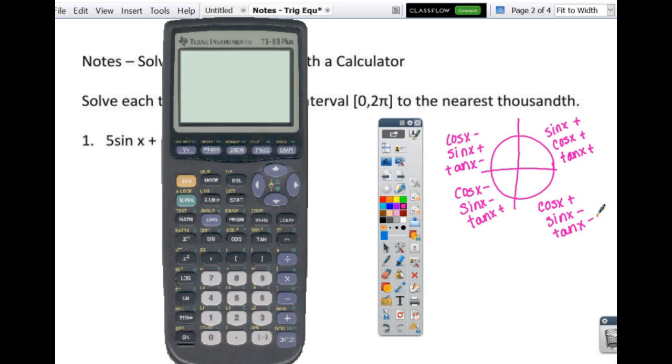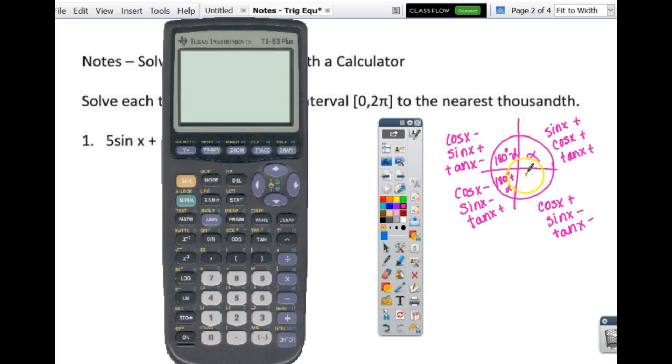So the way we find this is our reference angle. To get to this reference angle, we use pi minus the reference angle. But since we're going to use degrees today, we're going to use 180 minus the reference angle. And to get to this one, I'm going to use 180 plus the reference angle.